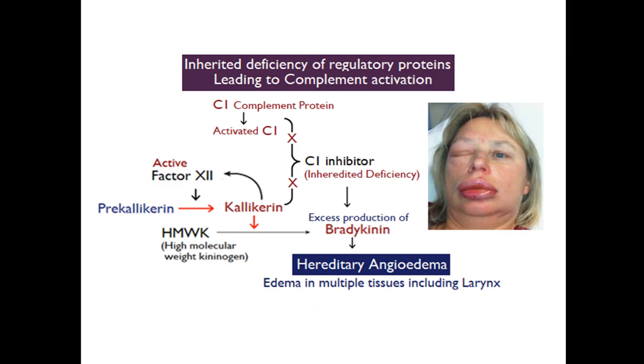In this example, we see that there is a regulatory protein which is known as the C1 inhibitor, and it will control the activation of C1. It will inhibit the activation of C1. And this C1, when activated, will cause the kinin system conversion of the prekallikrein by the Hageman factor into kallikrein.